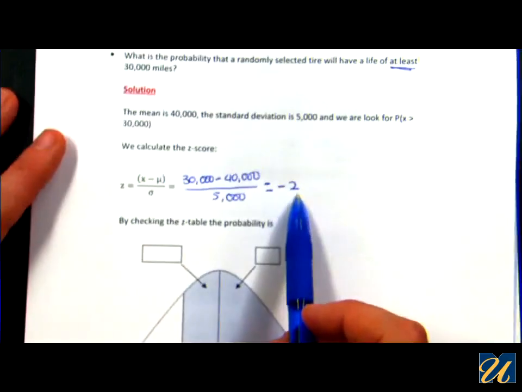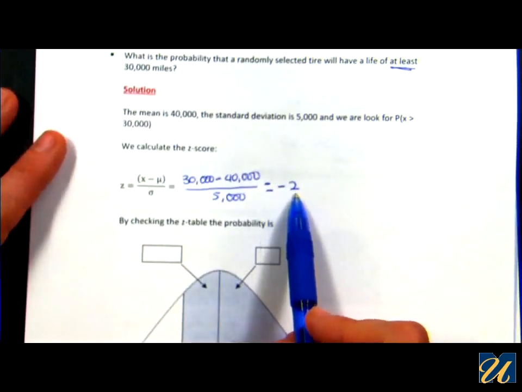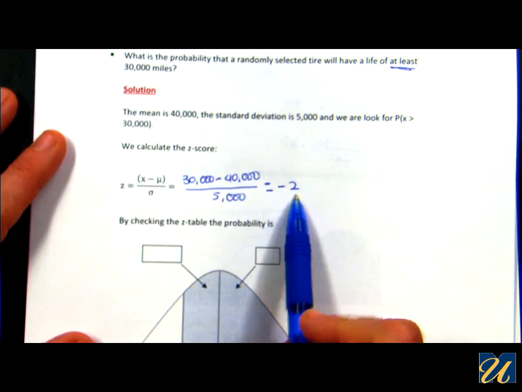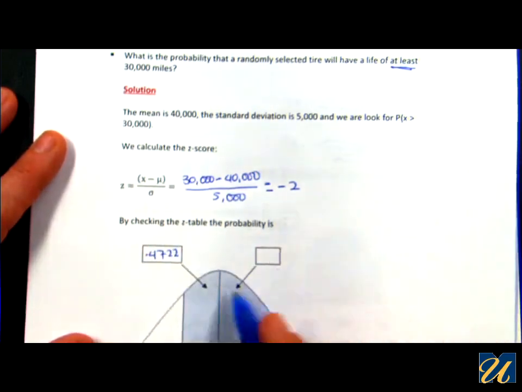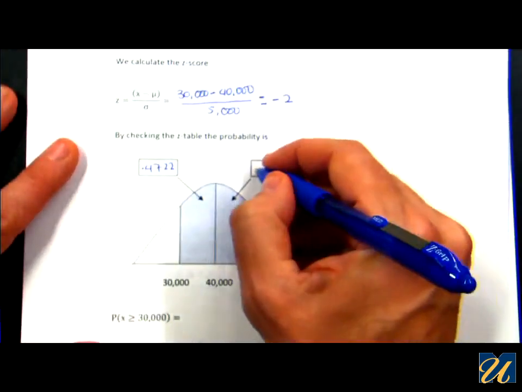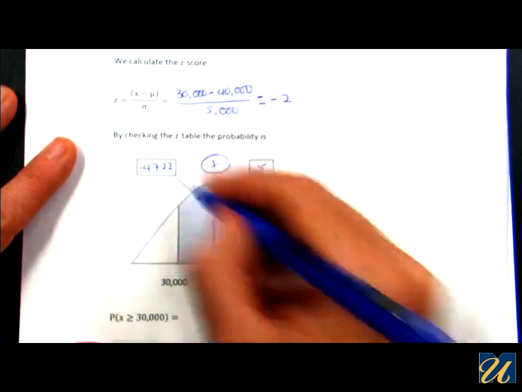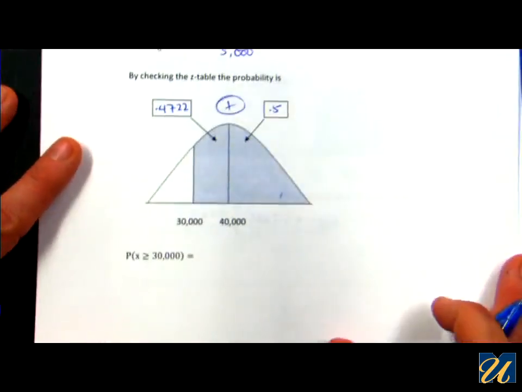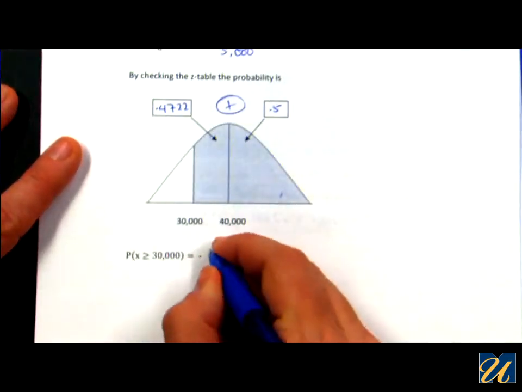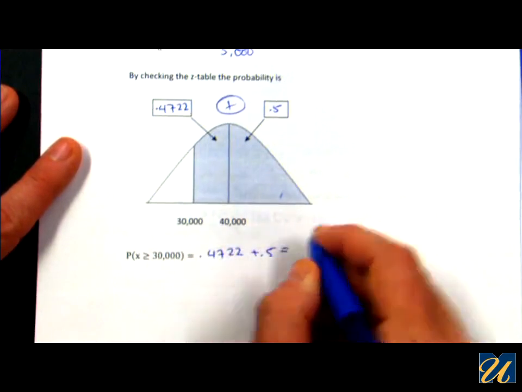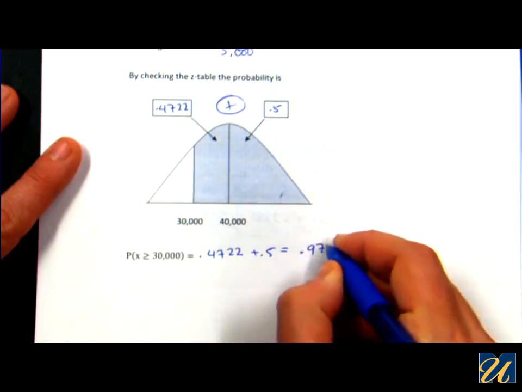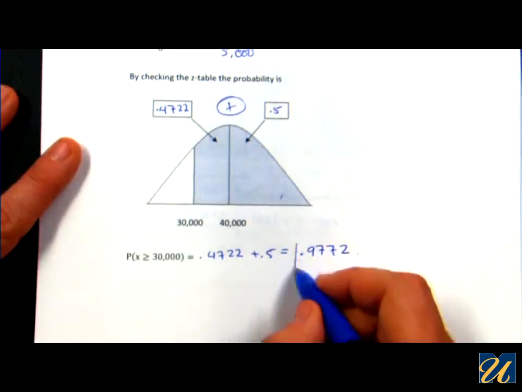If you look up the z-score 2, the corresponding probability is 0.4722. This part of the area that I'm looking for is 0.5, so all I need to do is add them. So 0.4722 plus 0.5 is equal to 0.9772. That's your answer.